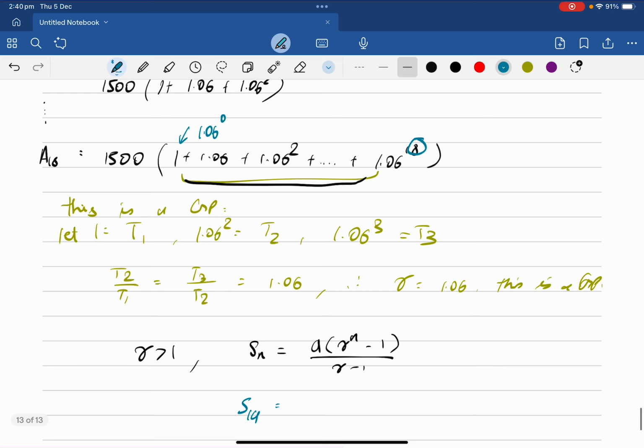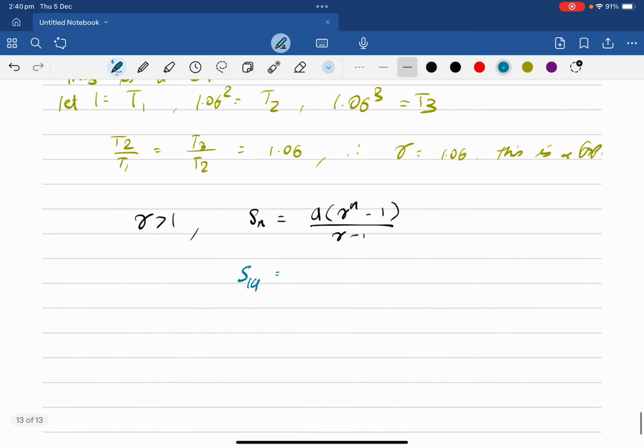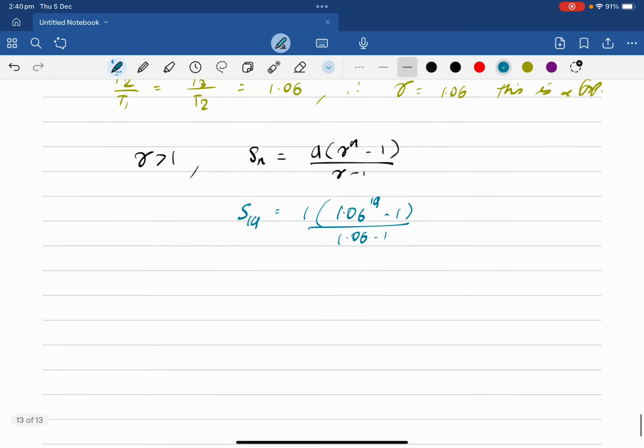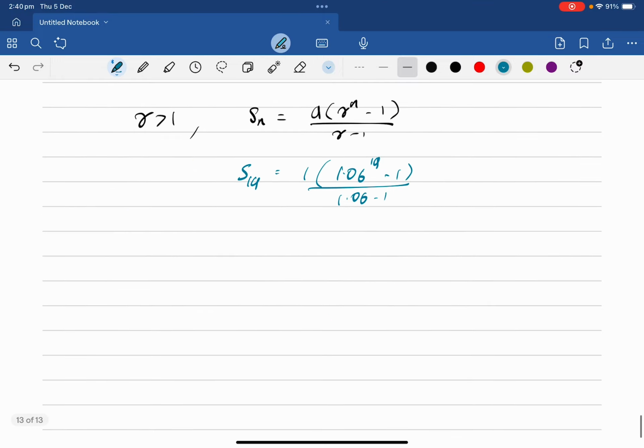What's our A? In our case, A is 1. What's our R? Our common ratio is 1.06, raised to the 19, minus 1, over 1.06 minus 1. So now our value at the 18th birthday is equal to 1,500 multiplied by 1.06 to the power 19 minus 1, over 1.06 minus 1.